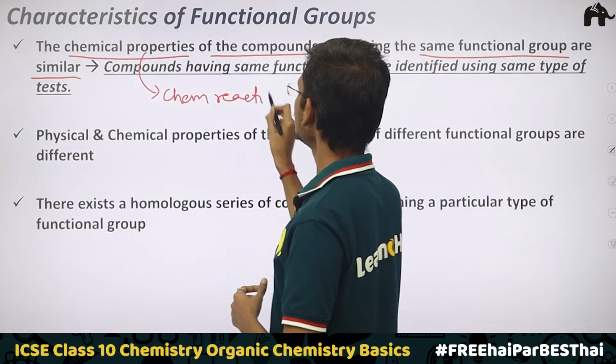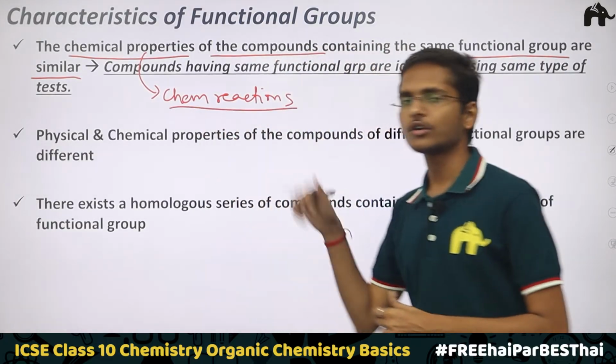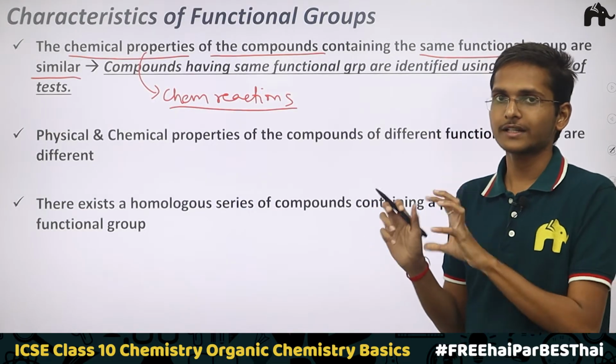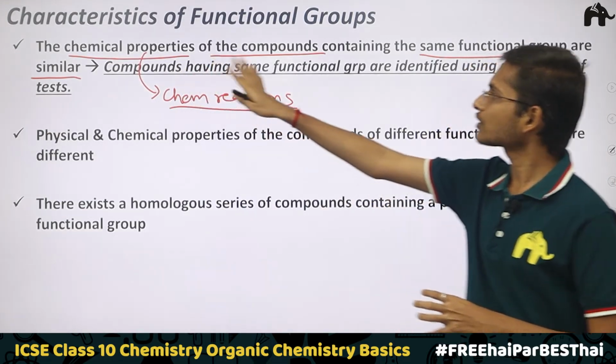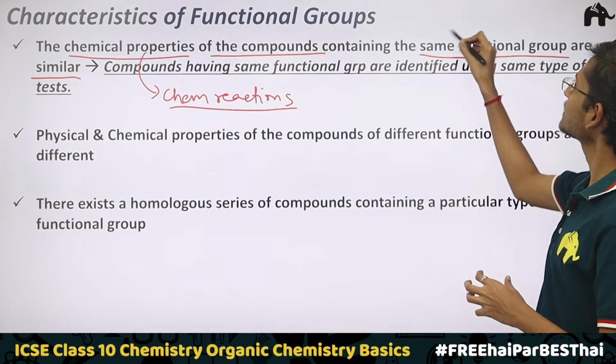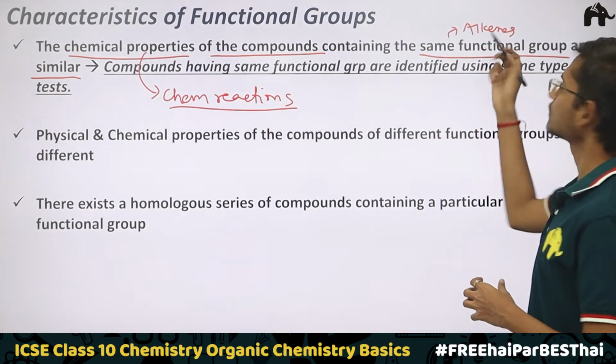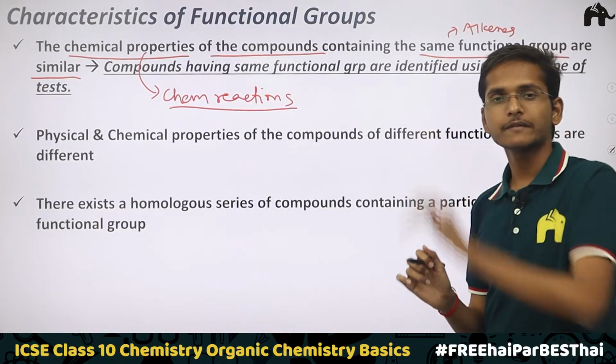Now we will study this in a later topic. I have taken alkenes as an example of compounds containing the same functional group, because they all have a double bond.